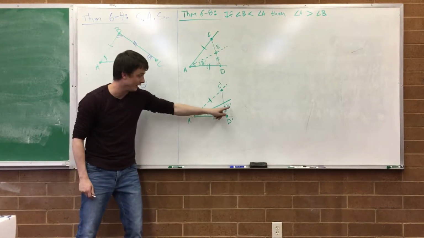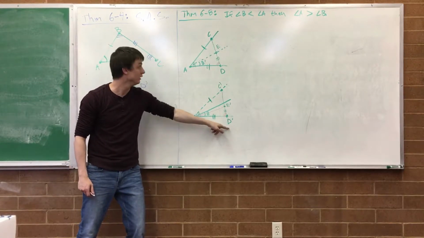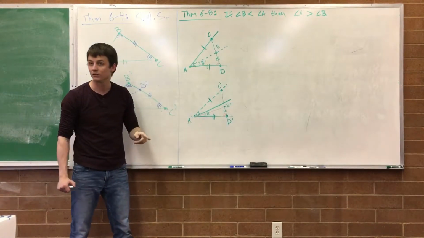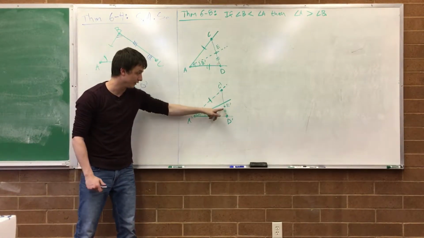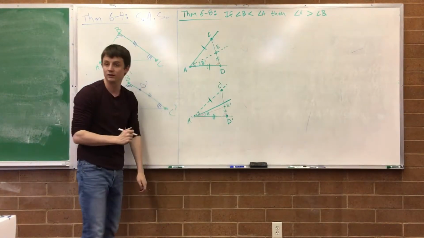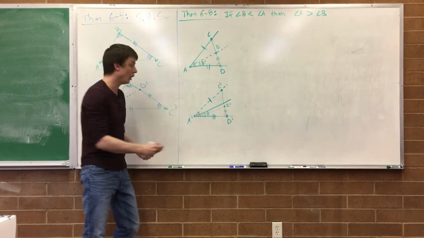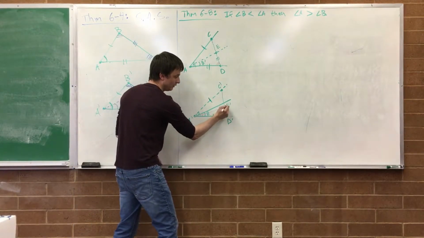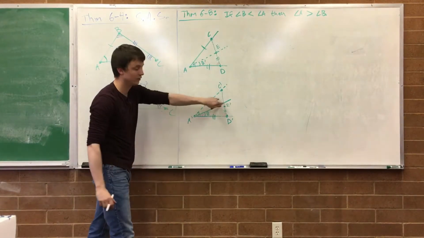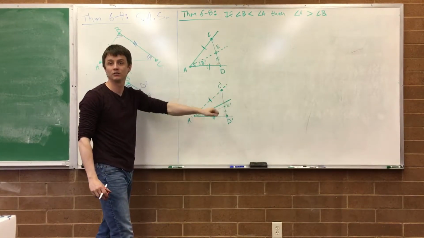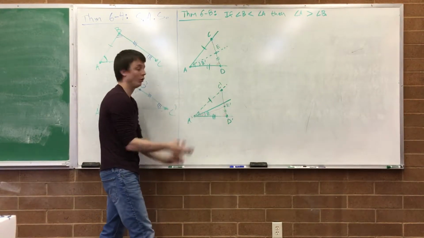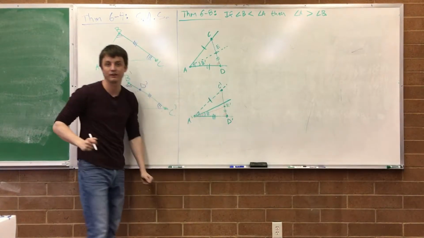And so then I have angle E prime, A prime, D prime congruent to EAD, which is B prime, congruent to B. So since this red angle is congruent to B, then they're the same angle. And so E prime is actually on B, that's in between them, and therefore is interior to it. So the whole ray is interior to that, or in other words, this ray is exterior to that.